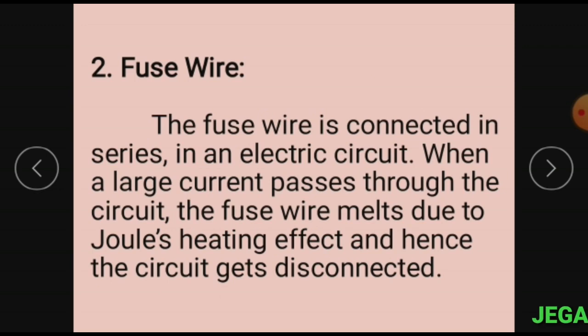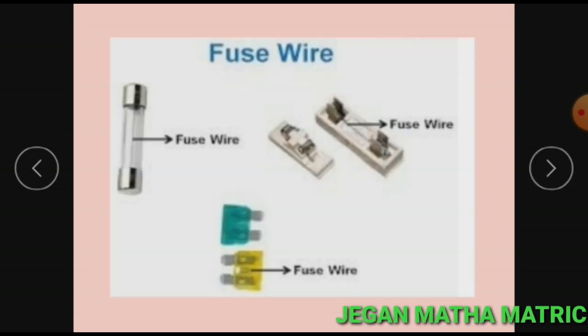Fuse wire. The fuse wire is connected in series in a circuit. When a large current passes through the circuit, the fuse wire melts due to Joule's heating effect and hence the circuit gets disconnected.